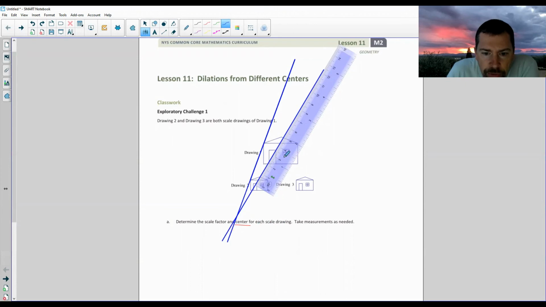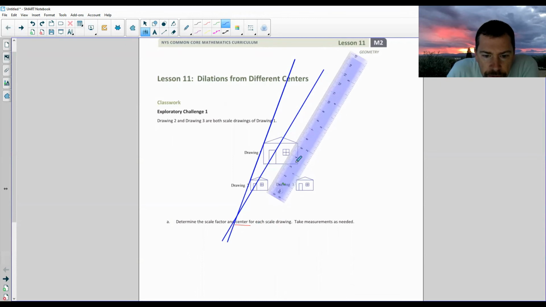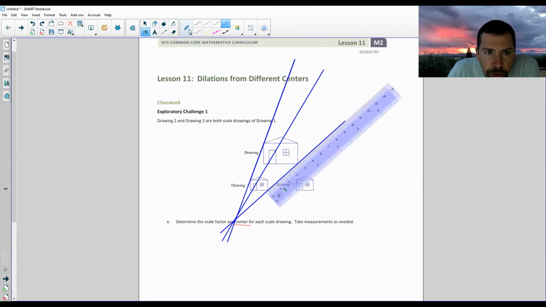We only need to do 2, but I'll do one more just to show you. And I'll do the bottom corner of the house. So if I line this up like so, it's crossing at the same point. So I'm going to put a dot right here.